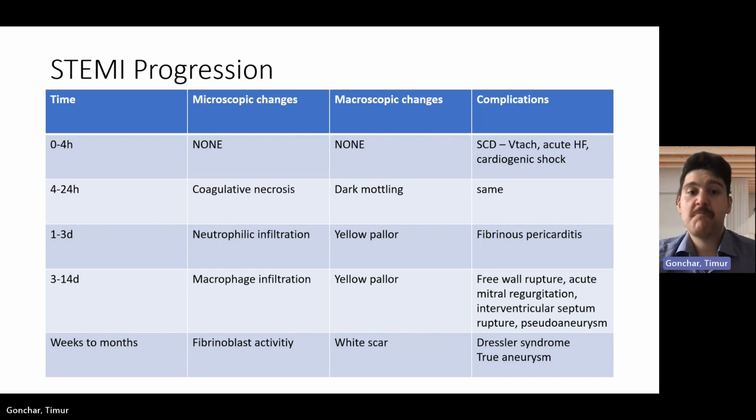Free wall rupture might result in pulseless electrical activity, which is similar to the SCD presentation in the first couple of hours. Many patients won't make it through the code, and will basically die or experience some severe hemopericardium with obstructive cardiac shock. Then we've got acute mitral regurgitation. I've already mentioned that.